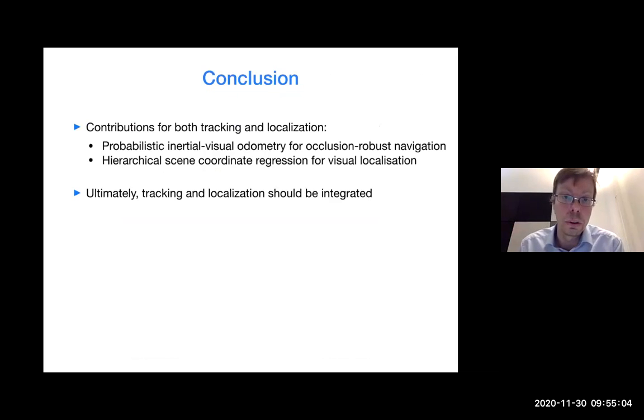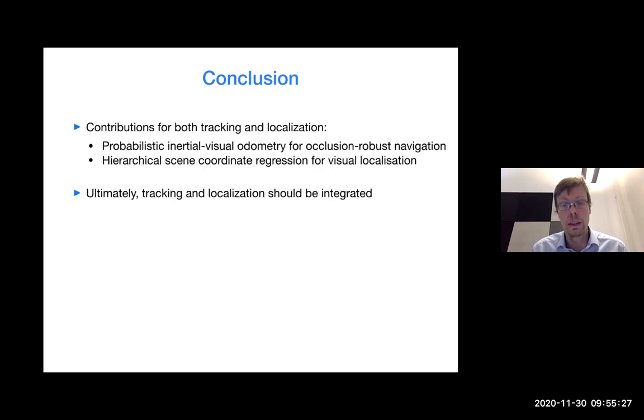So to conclude, I have very briefly presented contributions for both tracking and localization. So I presented this kind of probabilistic inertial visual odometry approach, and then this kind of hierarchical scene coordinate regression method for visual localization. And here these two things were completely separate.